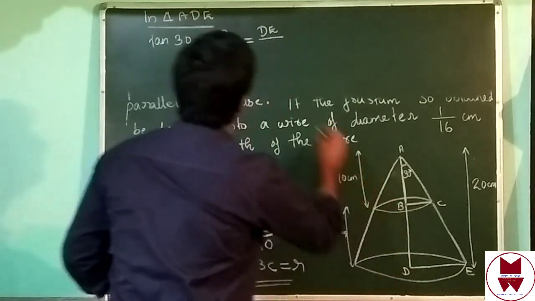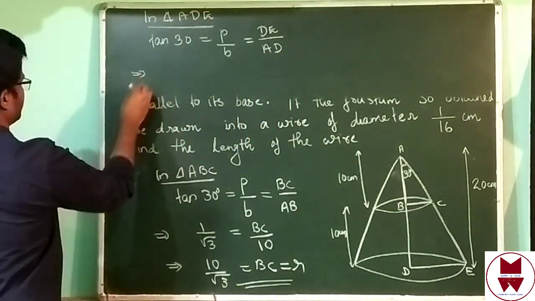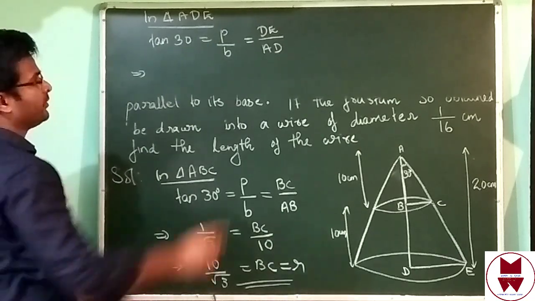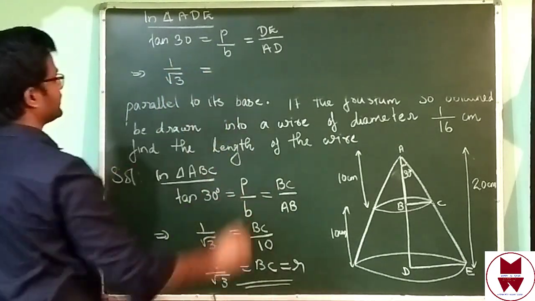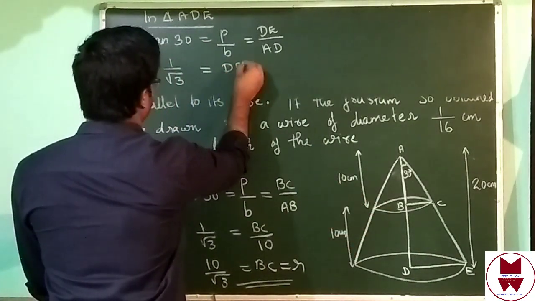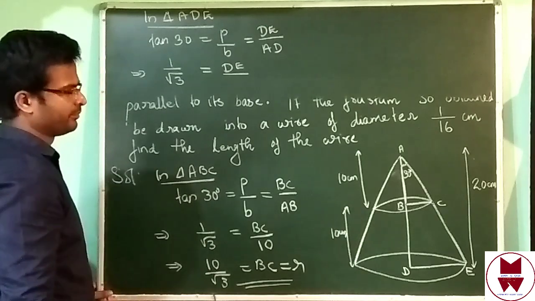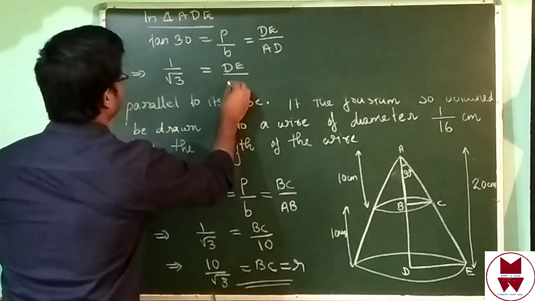So tan 30 value 1 by root 3 equal to DE, we don't know, DE divided by AD. AD is the total height, 20 centimeter.